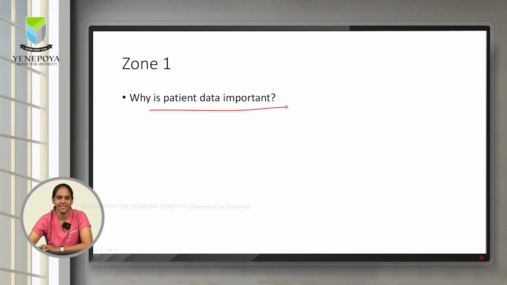That is, why is patient data important? The name of the patient is important for recognition, and you don't want to confuse different patients and their data and results. Age is very important because you want to compare your patient's data to the normative data of a person of the same age and gender without glaucoma.